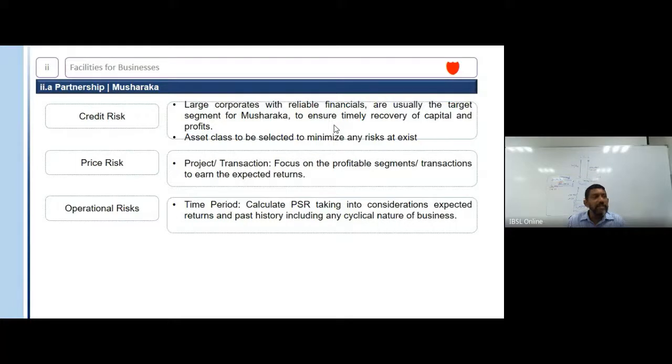Just changing the terminology would be much easier. But here we need to consider the underlying risks involved for the bank before going in for Islamic financing. Because if you are not familiar with what you are dealing with, the bank will be exposed to higher risk than conventional lending. So those are the common features of Musharaka.